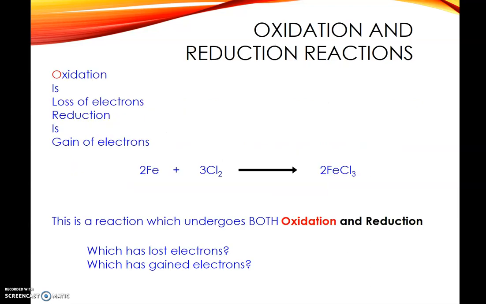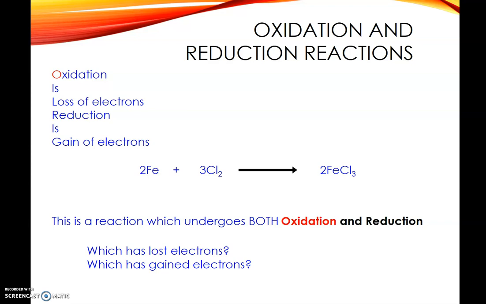What you're familiar with from GCSE are the ideas of oxidation and reduction. Oxidation is the loss of electrons, reduction is the gain of electrons. This equation here shows a common redox reaction, a reaction where both oxidation and reduction have occurred.